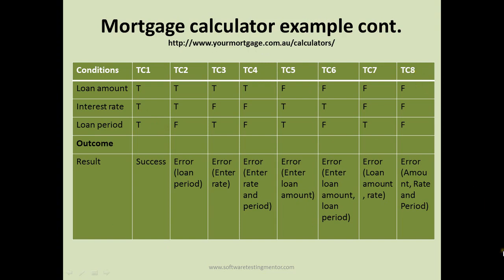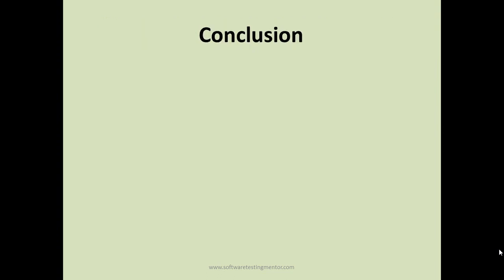In this kind of module that we have seen in the mortgage calculator, you have different conditions, and based on the conditions you get different outcomes. In such kinds of modules, decision table testing is very handy, and you should always use it.